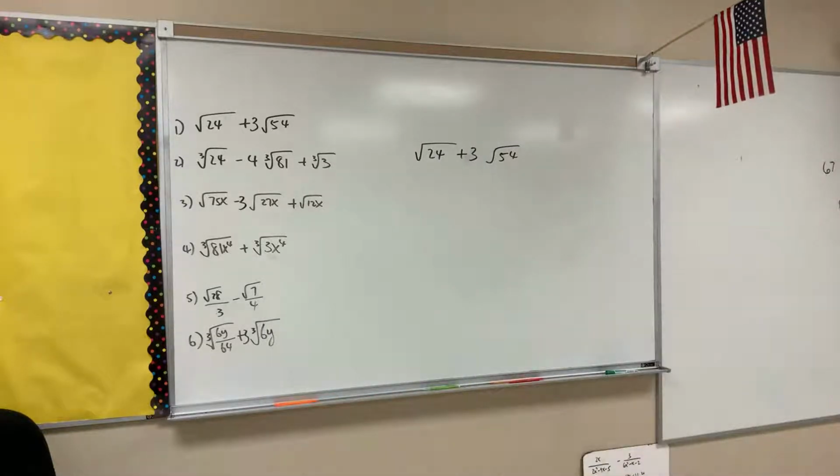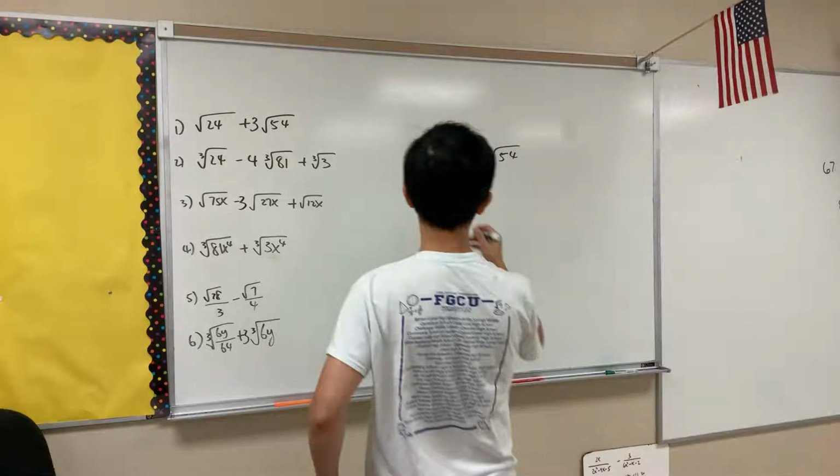So then you say, okay, well, can I simplify that? Can I simplify those square root of 24 and 54? So I can break down the 24, right?